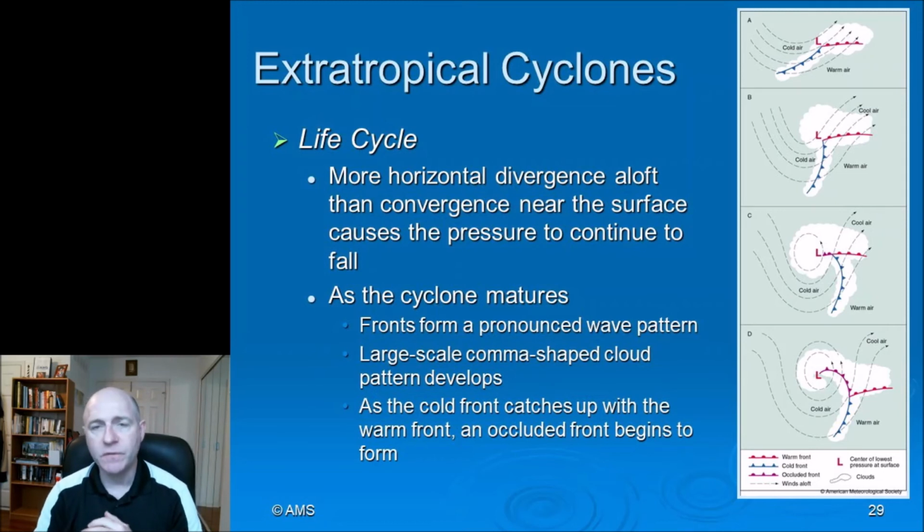So when a trough moves over an area where you've got a pretty good temperature contrast to start off with, you begin to develop a different kind of wind flow around that area. So in that first frame, the jet stream winds shown there in the dashed lines move over that area of temperature contrast and start to develop an area of low pressure.